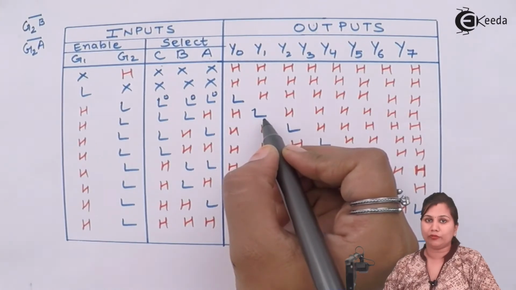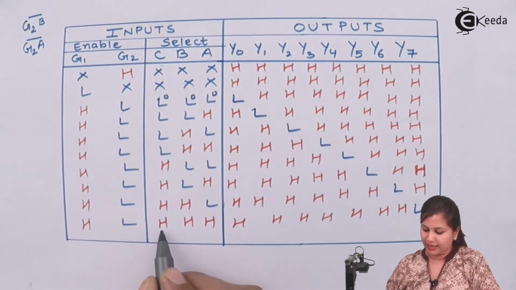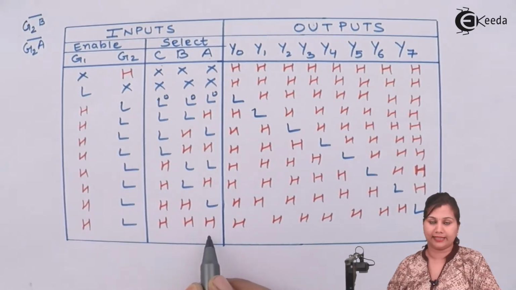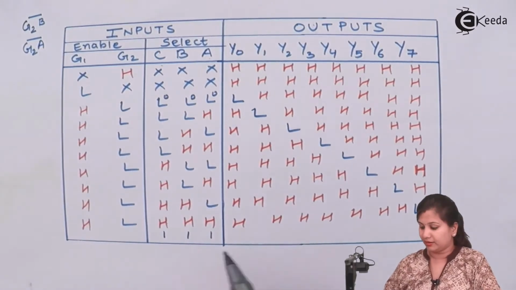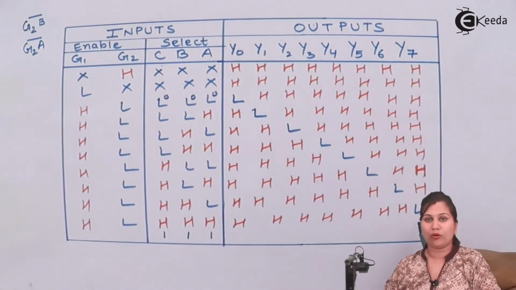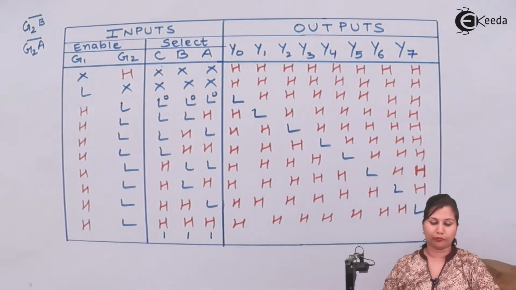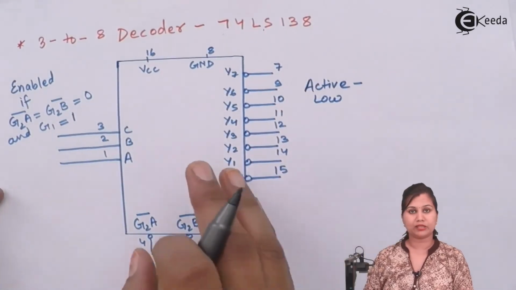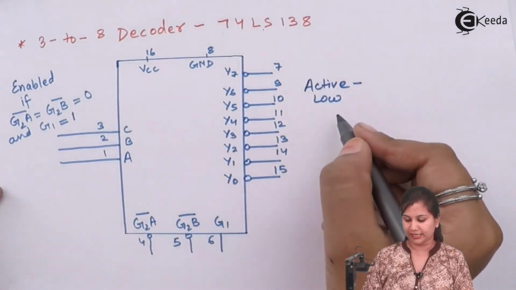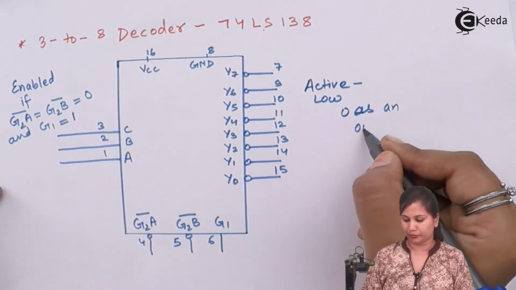It means its value will be low. Similarly, if we give high, high and high as an input, that is 1, 1 and 1, then the last output line Y7 will be activated. It will give us the low output, because here we have the bubble signs, which means they are active when we get 0 as an output.